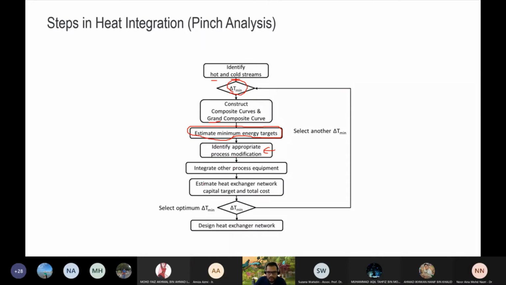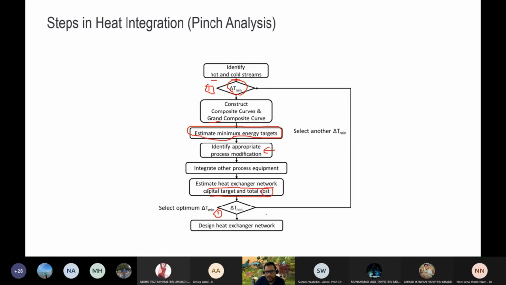And then after that, we can do the estimation of the heat exchanger network. For this short talk, I will skip this, but nonetheless, I can give you a hint. For one delta T, we can have the cost of the heat exchanger design.